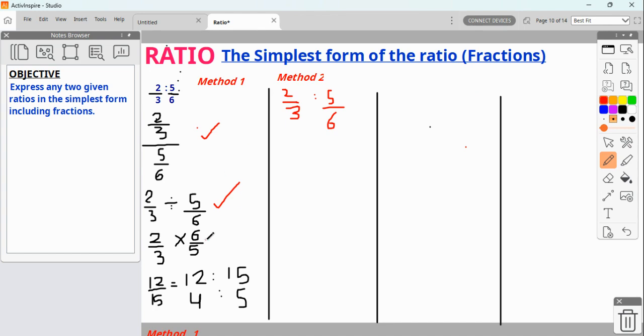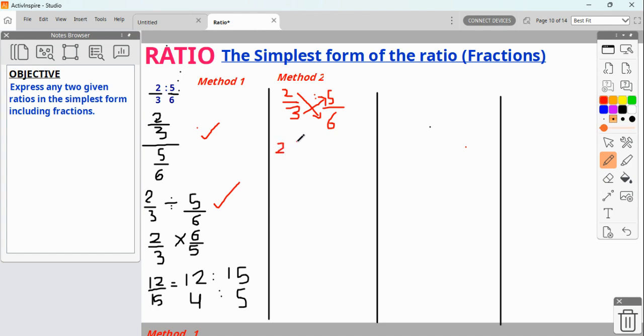So they directly start with this step, 2 into 6 divided by 3 into 5. So sometimes they start doing cross multiplication. They skip the first two steps from this method, 2 multiply 6 and 3 multiply 5. They use the method of cross multiplication.